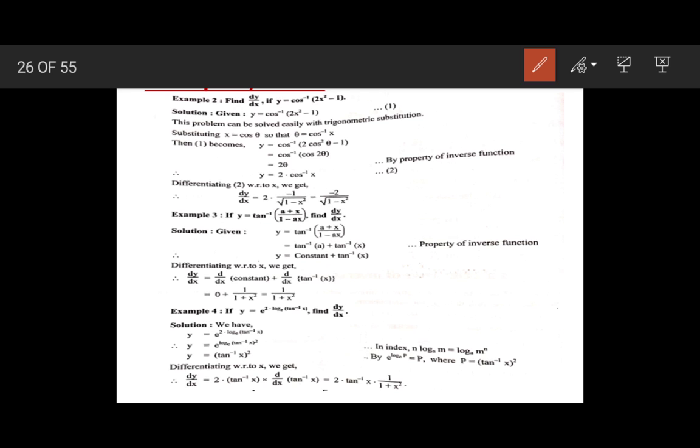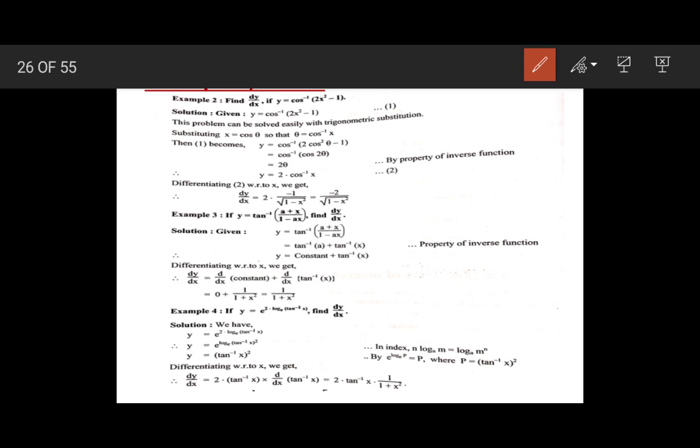You can say that this cos inverse of (2x square minus 1) is a composite function. Yes, it is, but we cannot directly find its derivative. Why? Because the first function is an inverse function. So what are we going to do?